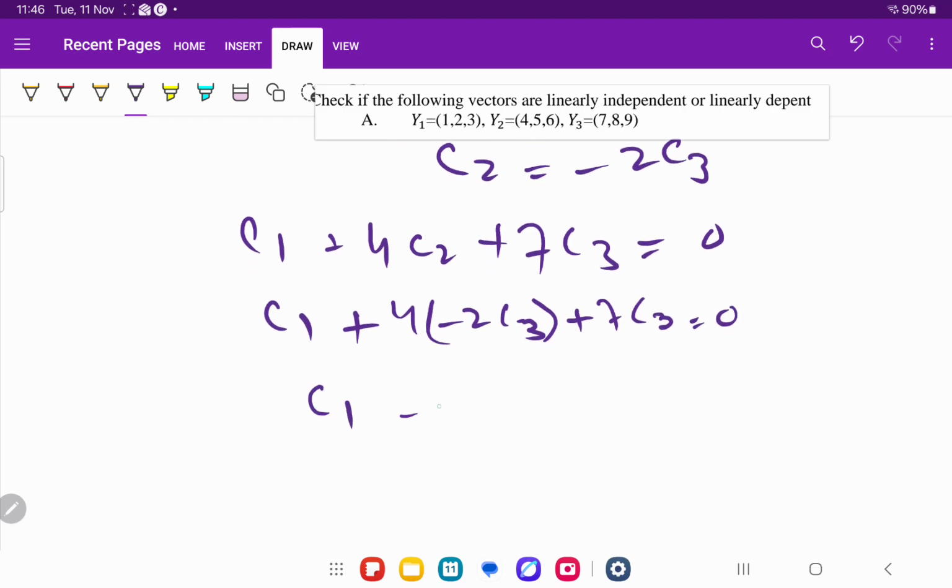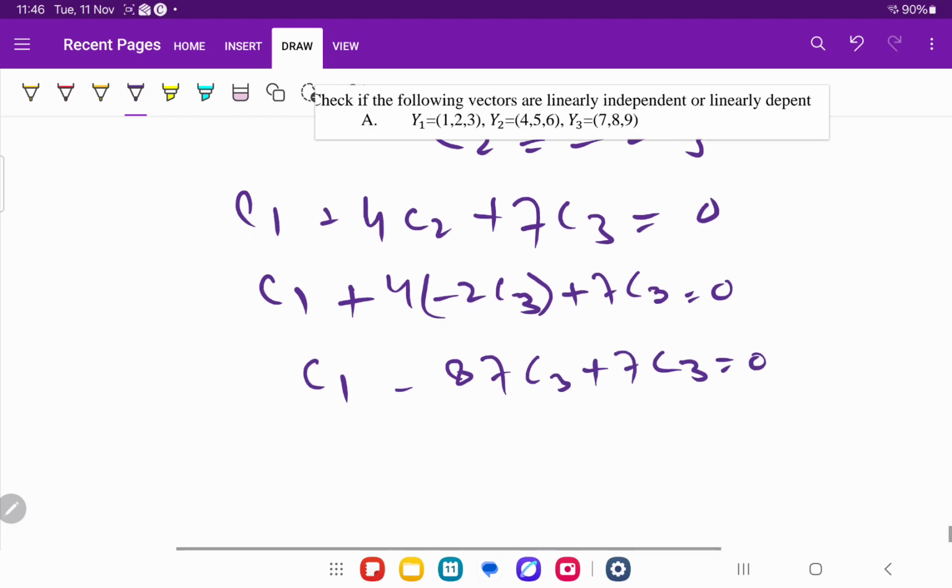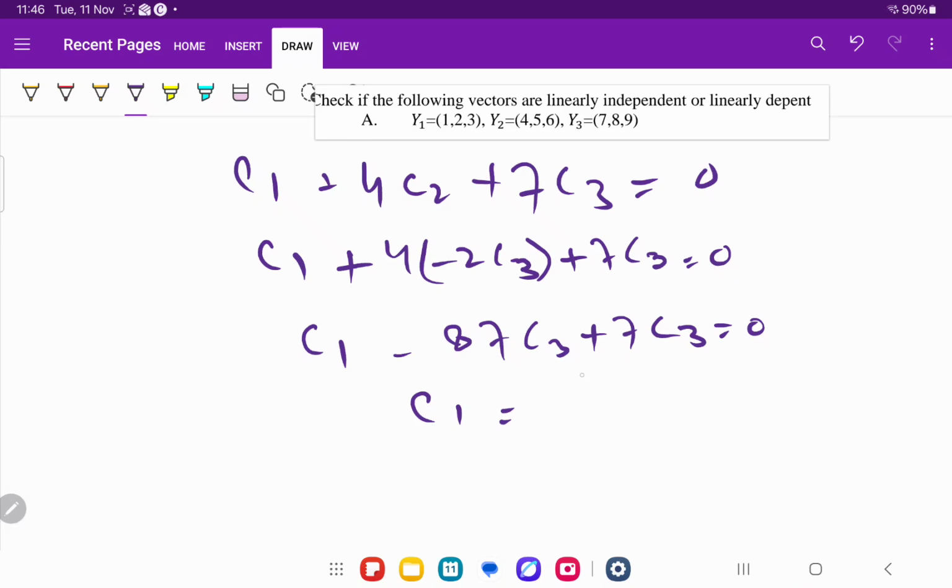So C1 is equal to minus 8C3 plus 7C3 equal to 0. So C1 is equal to, so minus 8C3 plus 7. The answer is C3, because minus 8C3 and plus 7C3, so we're remaining with minus C3. So minus C3 will go to the other side.